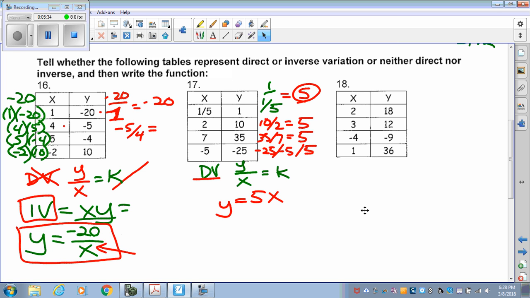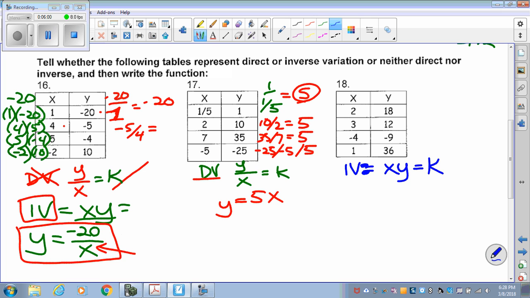And then for 18, all right, I'll just go ahead and check it out. I'm going to go ahead and try my inverse variation, because again my numbers are kind of at the negative, so I'll check out inverse variation. That means I've got to have x times y equals my constant, right, for an inverse variation.